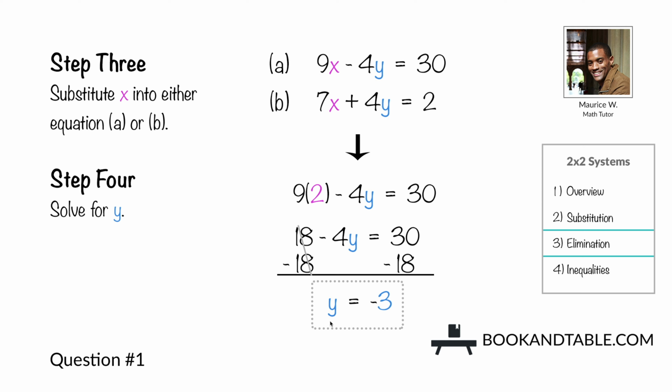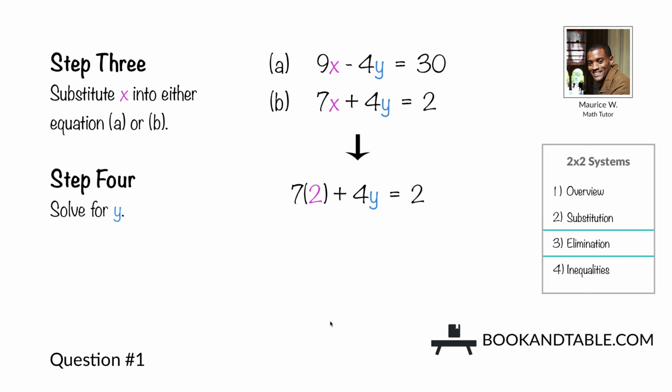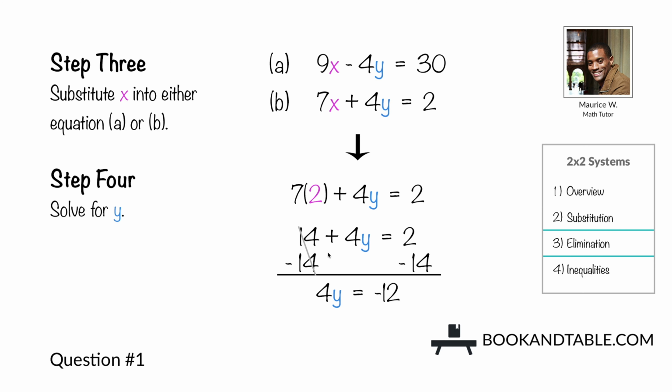But if you plug the x into equation B instead, you would get the same y. So we get 7 times 2, which is 14, plus 4y is equal to 2. Now we want to subtract 14 from both sides, giving us 4y is equal to 2 minus 14, which is negative 12.